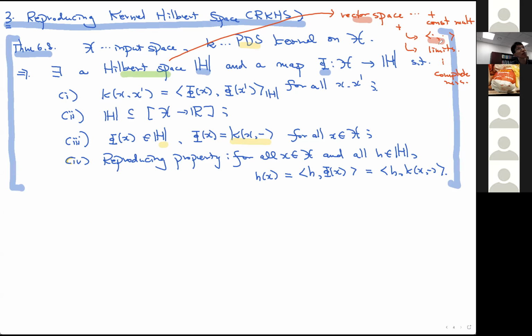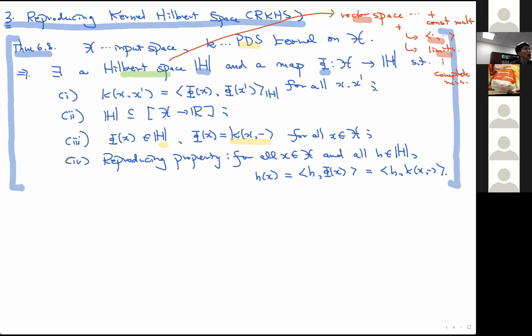If you don't know what it is, it behaves very much like the inner products you are familiar with. And the limits. If it satisfies these properties, that's called a Hilbert space. It's a very nice space where we can talk about limits, inner products, sums of two elements, constant multiplication, and a map that sends every input into this space H, which has this rich structure.